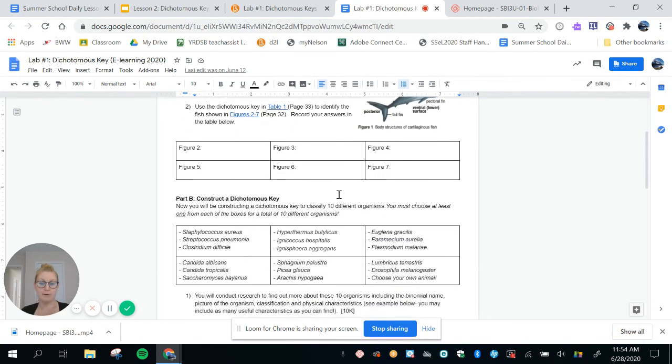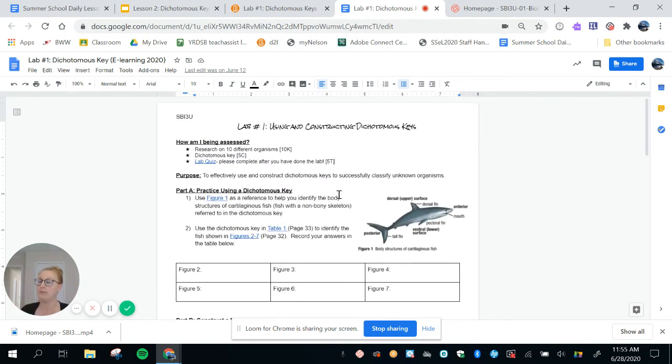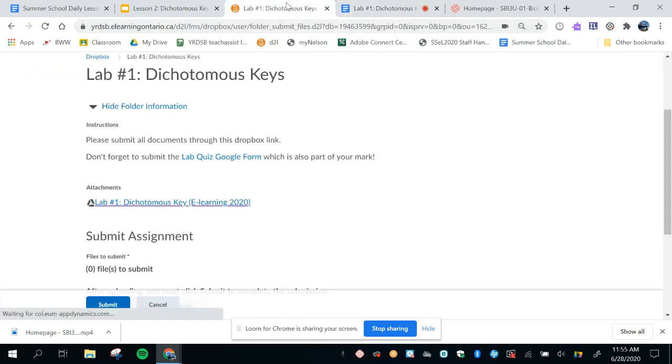I'm not going to go through every step of the lab right now, but if you do have questions, you can ask me. What I wanted to point out though was how you submit it. So up to you, you're welcome to make a copy of this lab and just type your answers right into here. Some people will like to create their own separate document and submit that. Either way is totally fine with me, so whichever that you're comfortable with.